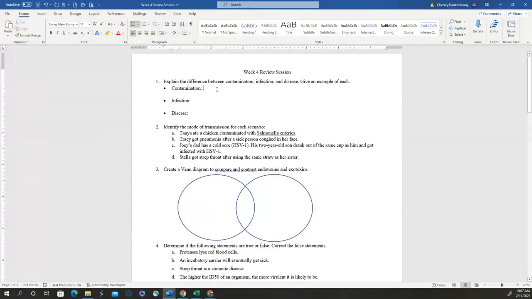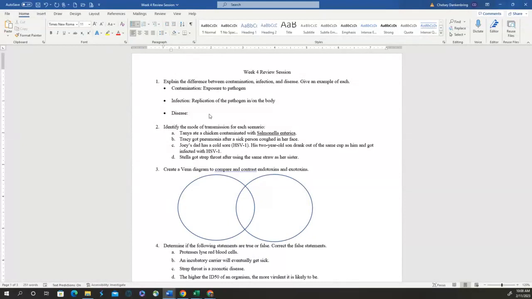Okay, so contamination, the keyword here is exposure to a pathogen. I'm going to come back and give an example after I define each of them. So you are exposed; this pathogen has accessed your body. Infection is when there's replication of the pathogen in or on the body.